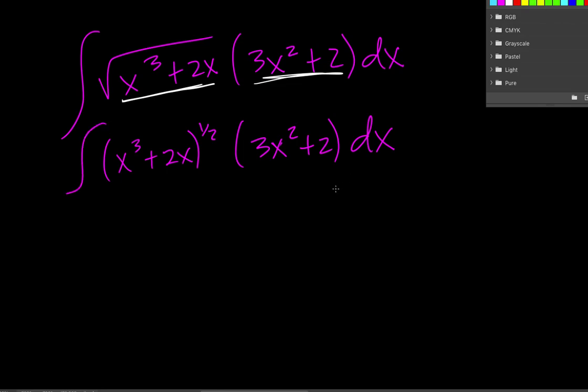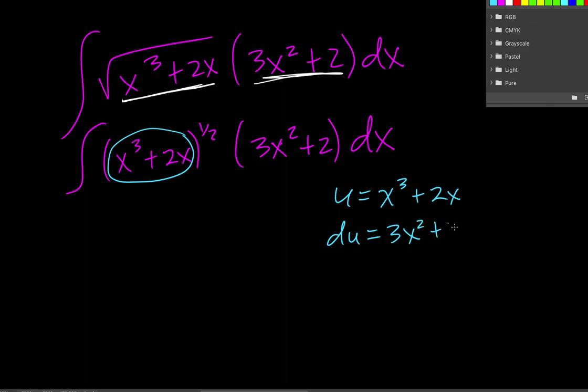Okay, now what we're going to do is a u substitution. So I'm going to say my original function is just the inside. So I'm going to say u equals x cubed plus 2x. And then you take the derivative of whatever that is and call it du. And luckily, it ends up being that, and then dx.